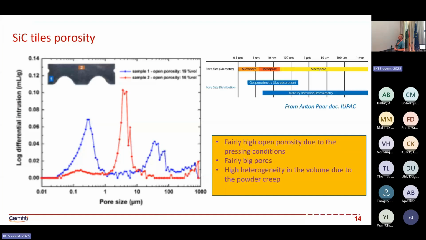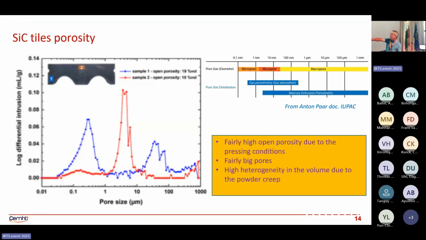Fairly high open porosity due to the pressing conditions. I mentioned the complex geometry and the uniaxial pressing. So yes, the open porosity is fairly high, nevertheless, because you can see the value, also 19% in the volume. Somewhere 15% is reasonable, 19 starts to be high, but if you look at where it is, it is in an area where the ash doesn't contact, so it is not so dangerous for the tile.